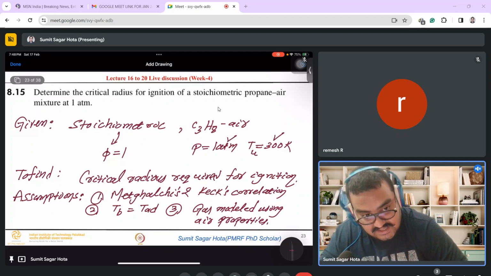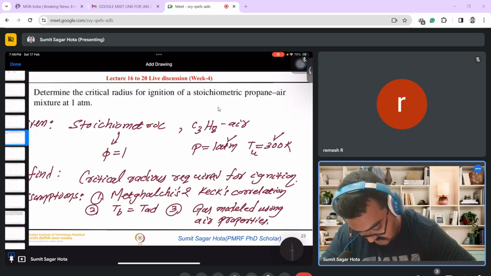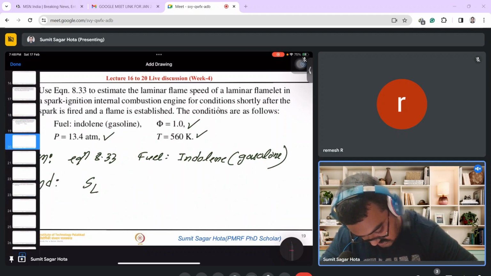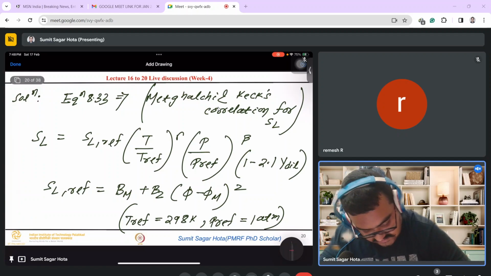Pressure is 1 atmospheric. If you see the formula of your S_L reference, S_L is equal to this formula we can take.